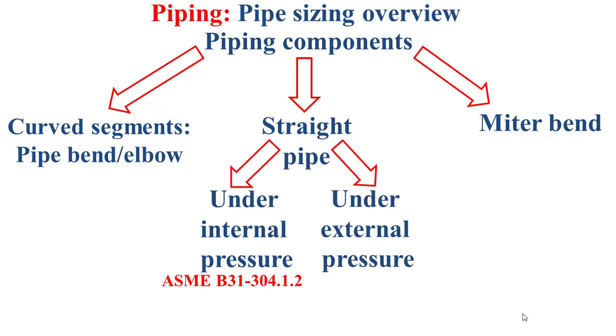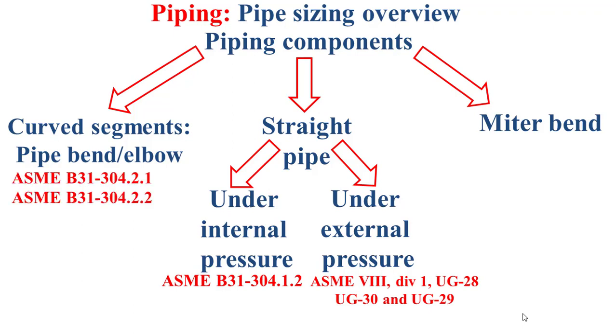For the second case, the pipe is subjected to external pressure, and in this case, it's sized based on the ASME Section 8, Division 1, UG-28 through UG-30 and UG-29.